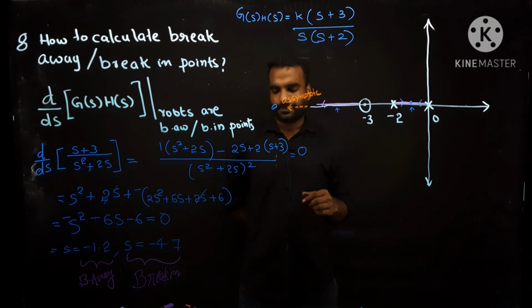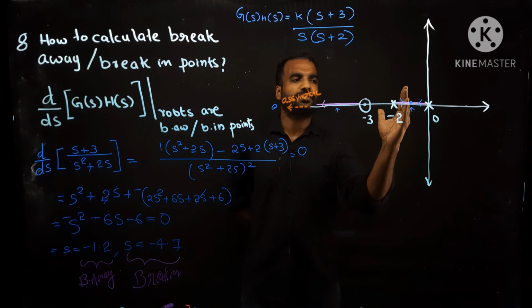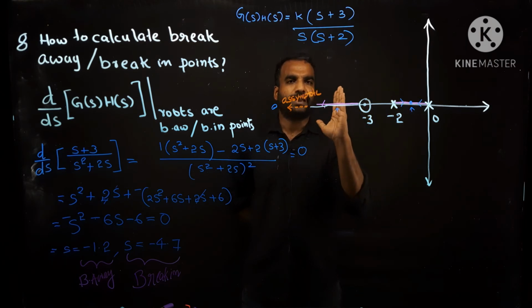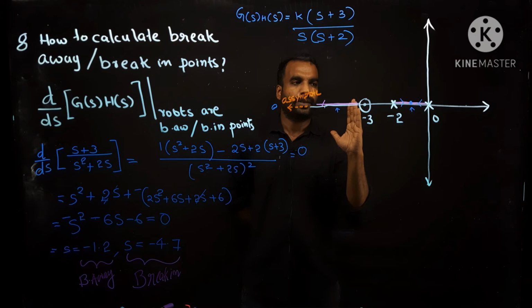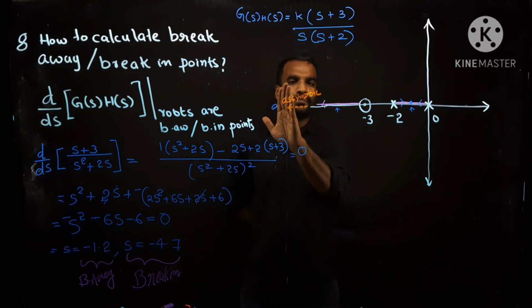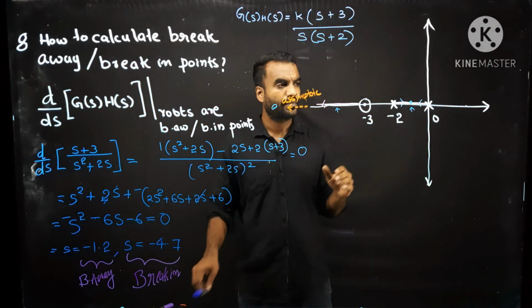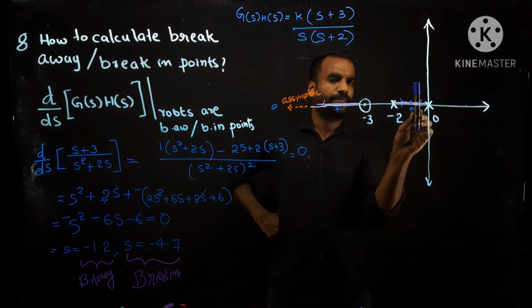Then I applied the next rule. The angle of asymptote is calculated. Then I am checking which are the parts where the root locus exists on the real axis. For that, I am taking a section and checking towards the right side of that section. We can take one section here.